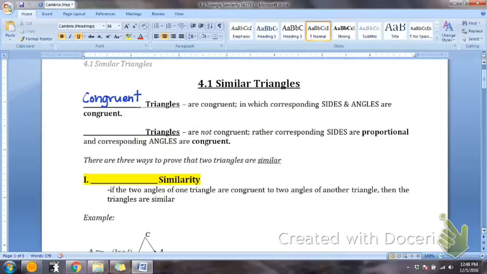Congruent triangles, well, they are congruent. I know that sounds silly, but the corresponding sides and angles are congruent. So that means if I were to draw a triangle here, they would be the same size and the same shape.